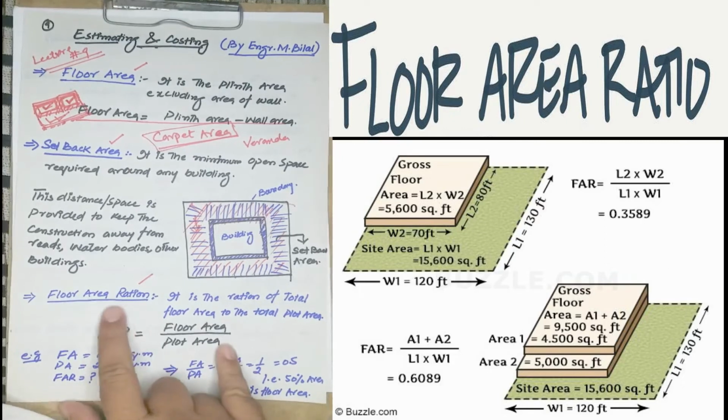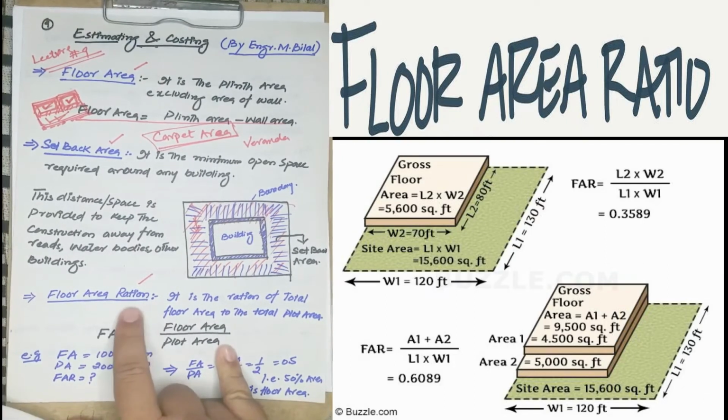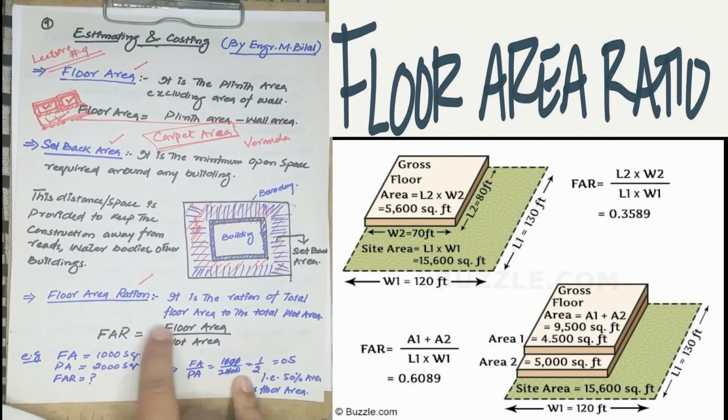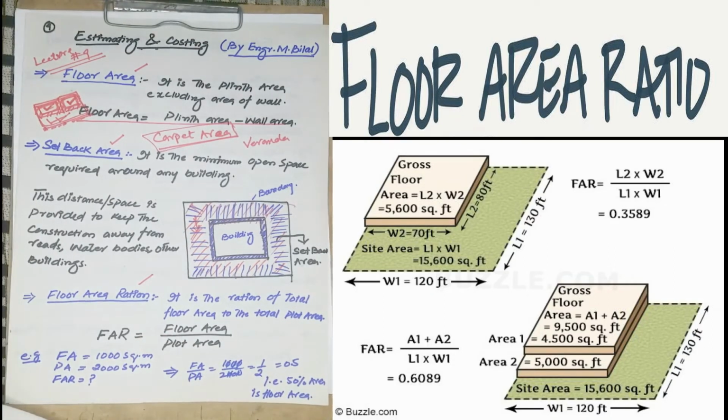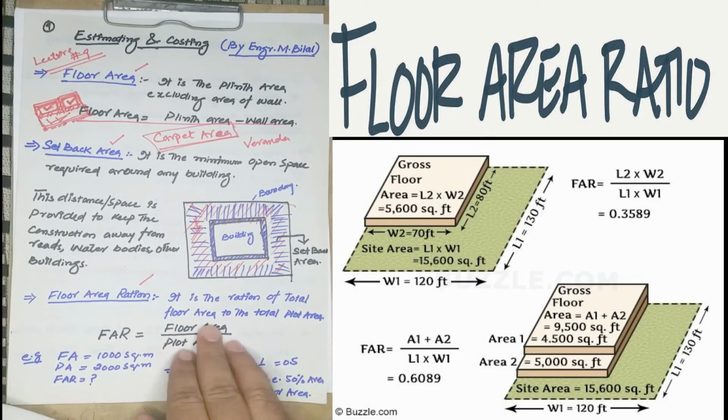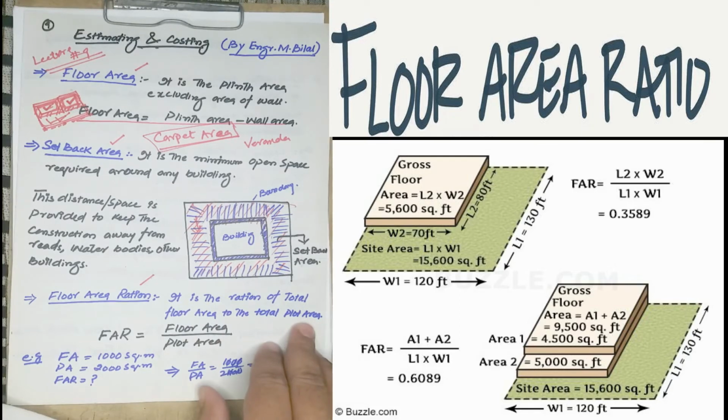Now, floor area ratio. How will we find the ratio of floor area, meaning something like 20%, 50%, or 40%? It is the ratio of the total floor area to the total plot area.